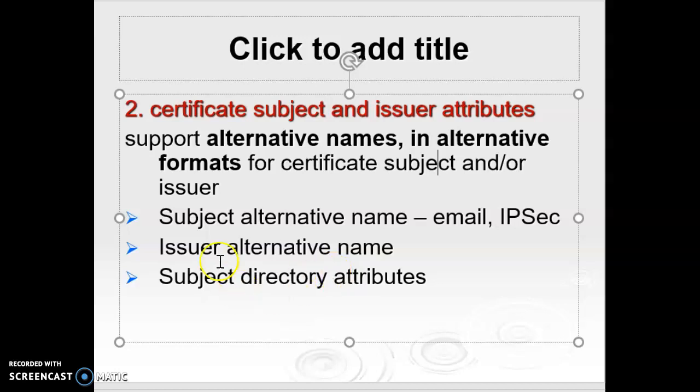Next is the issuer alternative name, which has one or more alternative names in a variety of forms for the issuer. Next is the subject directory attributes. This conveys the desired attribute values for the subject of the certificate. Desired values are provided in the directory attributes. So this is the second extension.